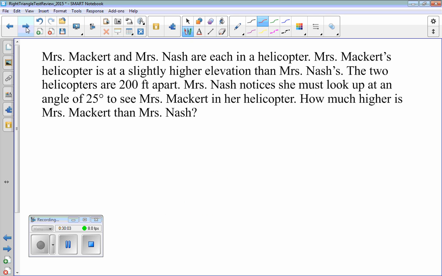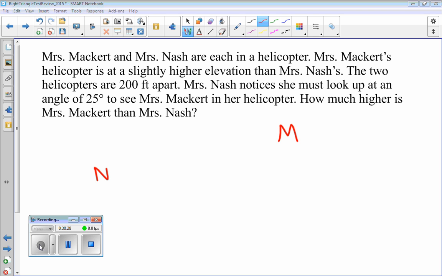All right, here's the last one I want you to add. This one's kind of like the building question, but worded a little bit differently and with no picture. So try this last one. So, 2 helicopters. I'm going to use N for Miss Nash and M for Miss Mackert. Miss Mackert's taller, it says. It says that Miss Mackert's helicopter is at a slightly higher elevation.